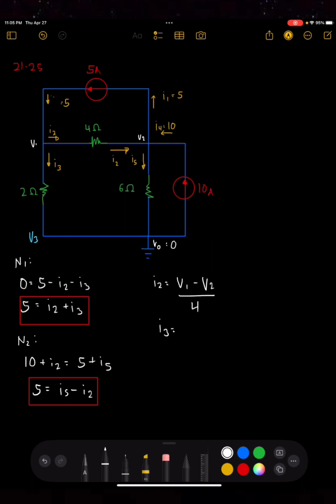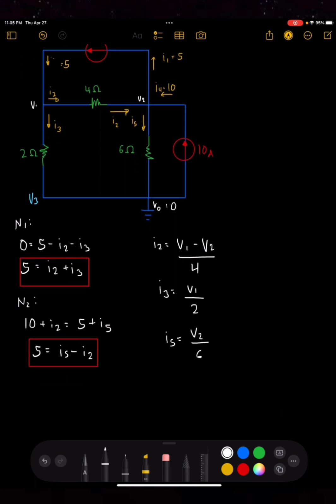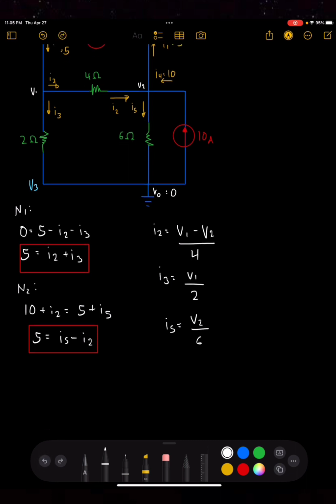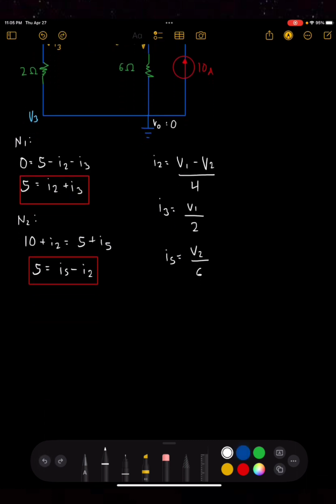Tapos sa I3 is equal to V1 over 2 kasi may resistance na 2. So, sa I5 is equal to V2 over 6. Yung resistance naman ng I5. So, after niyan, pwede na natin gamitin tong mga equation para i-substitute dito tsaka dito.